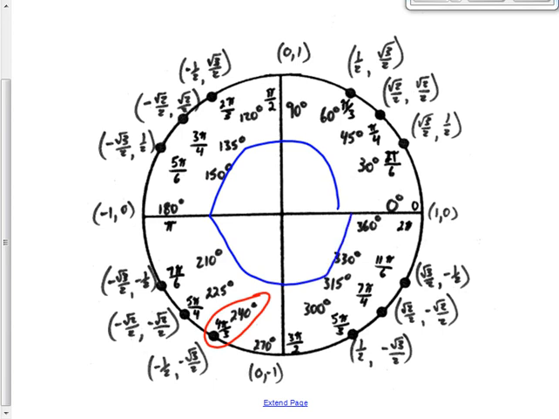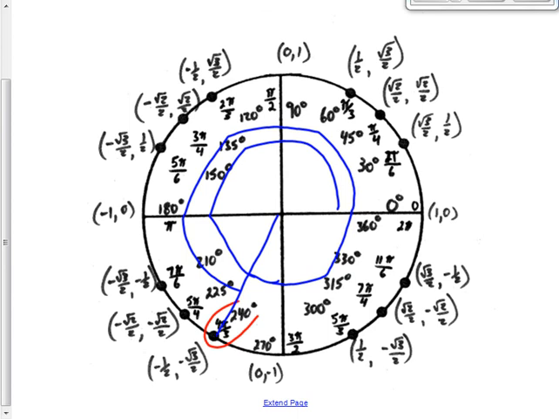I'm going a total of 10. So 7, 8, 9, 10. Okay, so it gets me to this 4 pi over 3. I went a little bit too far here. But it gets me to this 4 pi over 3 if I were trying to count this as well. I'm just going around the circle a bunch of times. That's it. But I end up at 4 pi over 3.